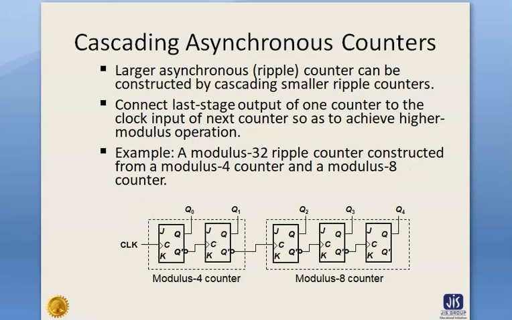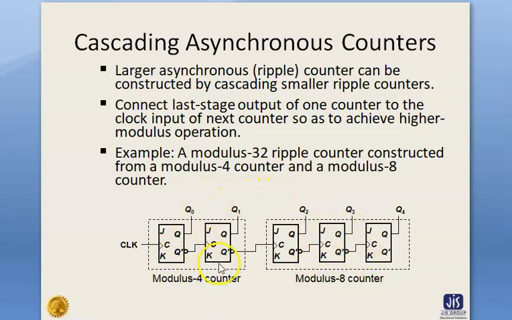Ripple counters or asynchronous counters can be connected in cascade to increase the modulus of the counter. A mod M counter and a mod N counter cascaded give a mod MN counter. Here is an example: this is a mod 4 counter and this is a mod 8 counter.